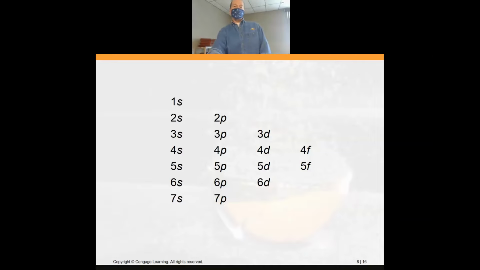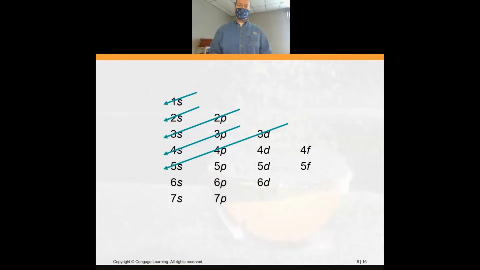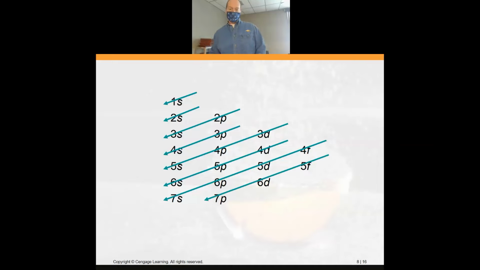You fill the 1s first, then the 2s, then the 2p, then the 3s, the 3p, and then the 4s, and then you would fill the 3d, the 4p, and the 5s, and then the 4d, the 5p, and the 6s, then the 4f, the 5d, the 6p, and the 7s. And then finally the 5f, the 6d, the 7p, and the 8s.